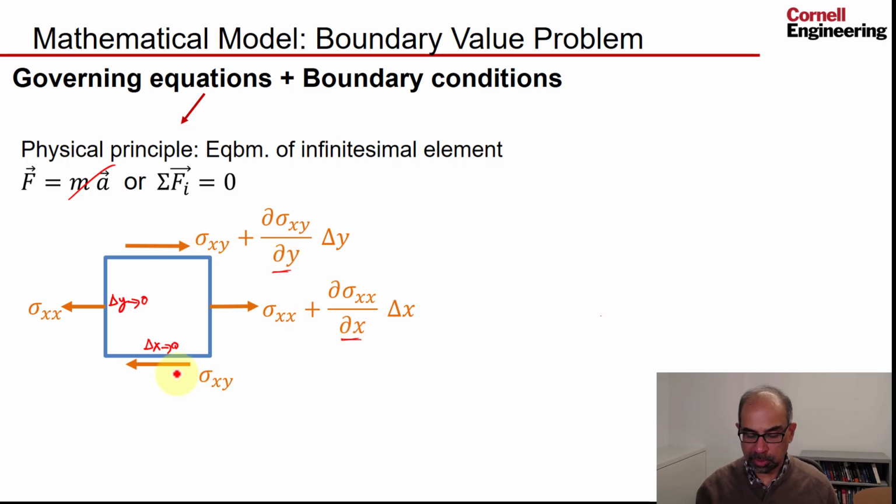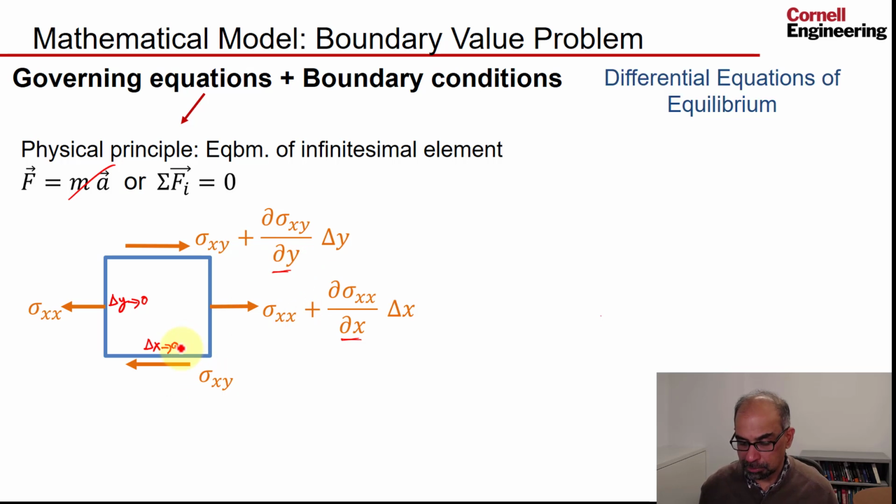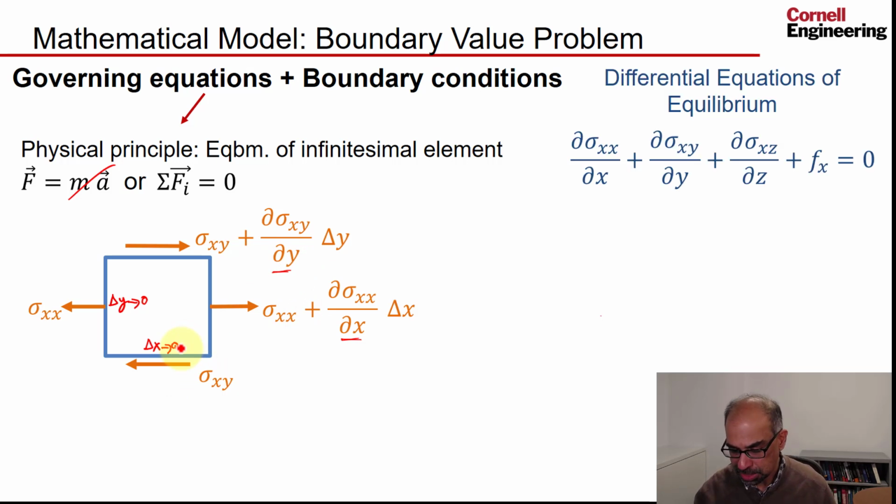And so when I do the force balance, I get the differential equation of equilibrium in the x direction. And this is essentially the force balance per unit volume. So the delta x, delta y, etc. drop out. And so this term comes from here. That term comes from here.